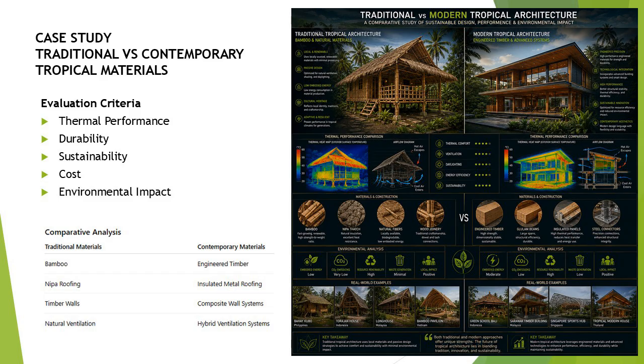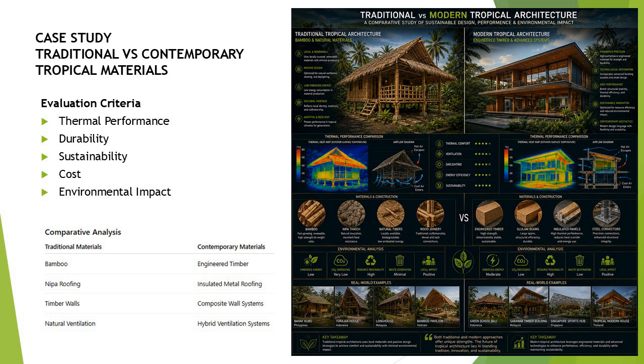The key lesson is this: the objective is not choosing traditional over modern. The objective is selecting the most appropriate material for a specific environmental context. Good architecture avoids ideological thinking. Good architecture relies on evidence-based decision-making.